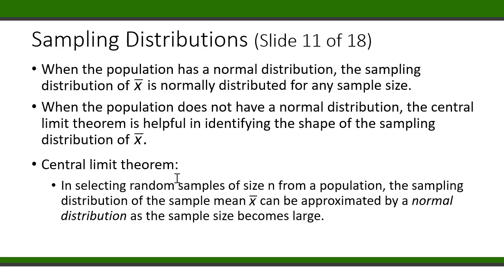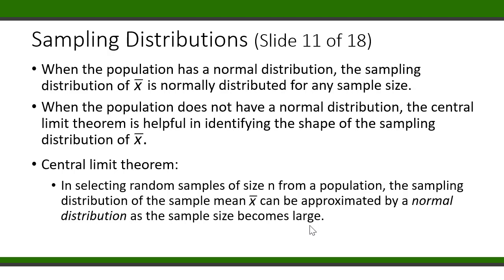The central limit theorem says when you get a random sample of size n from the population, the sampling distribution of that sample mean is approximated by the normal distribution as the sample size becomes larger.